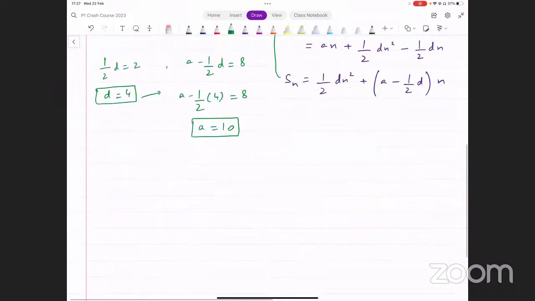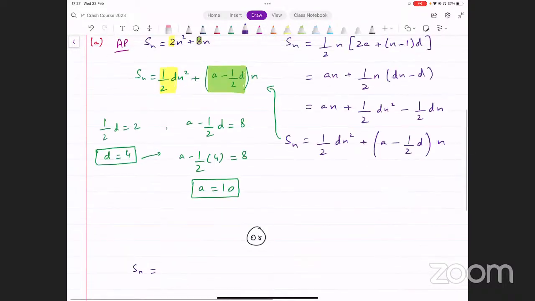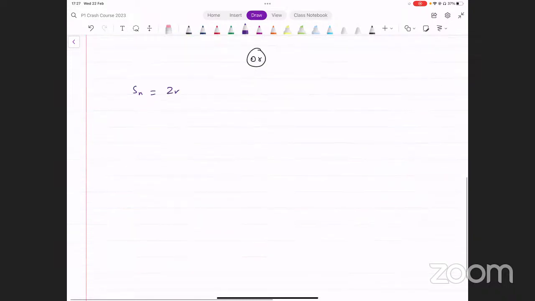All right. Another idea here could be, which is going to be easier in this case, that you know the Sn formula, right? That is 2n square plus 8n, and we know it's an AP, an arithmetic progression. We could find S1 from this, right? So this is the general formula that gives us Sn for any value of n.